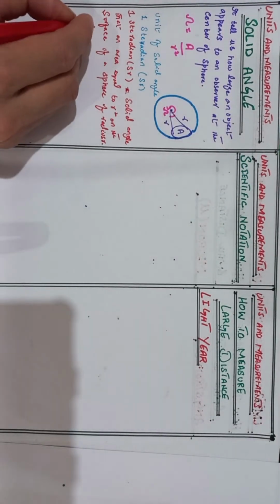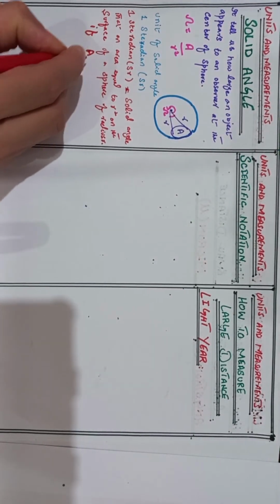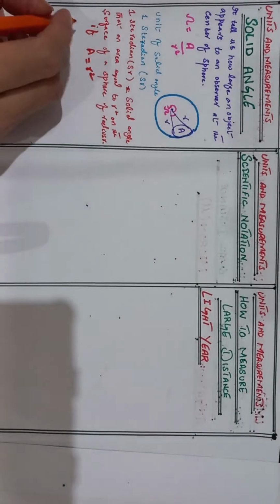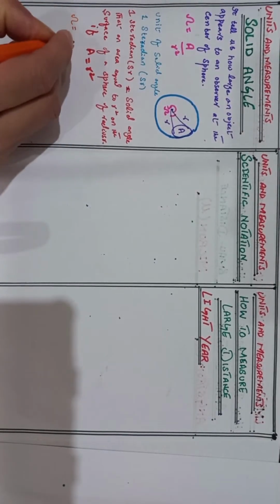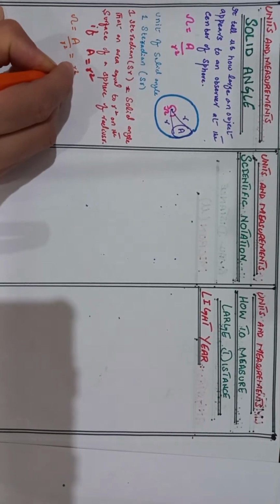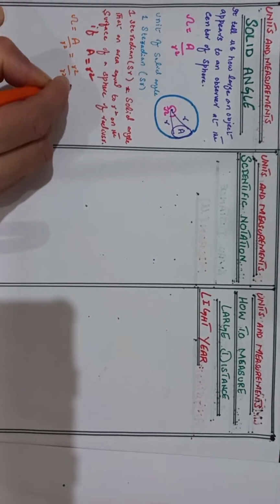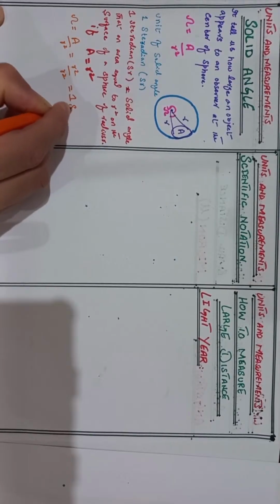Here it is also explained that if the area of the sphere is equal to the square of its radius, then its formula becomes: solid angle is equal to area over r square, that is r square over r square, equal to 1 steradian.